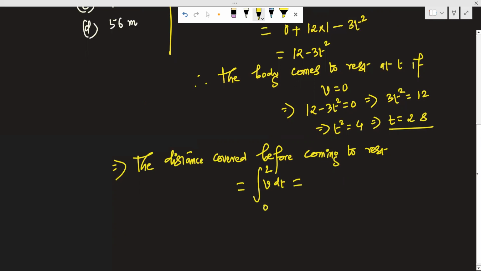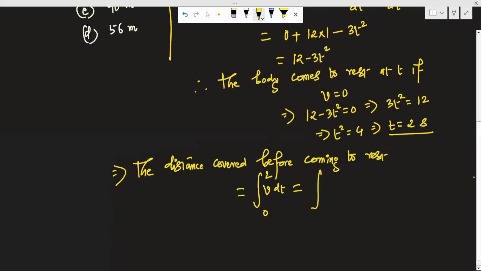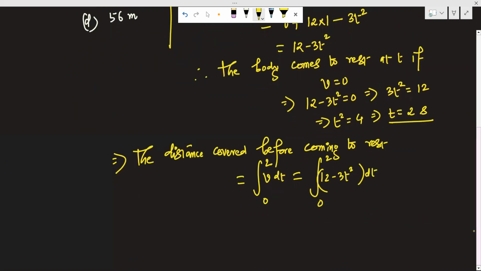That means we can say that simply it will be integration of 12 minus 3t square from 0 to 2, or you can directly put in the value of x also. Again, I'm telling, same thing will come. So it will be 12 integration of dt from 0 to 2 minus 3 integration of t square dt from 0 to 2.